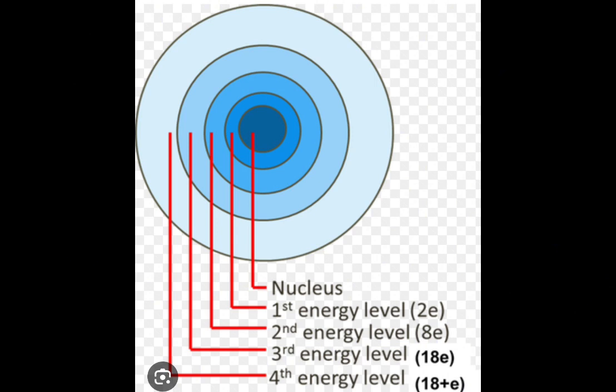These energy levels are often represented as circles around the nucleus. The outermost energy level, known as the valence shell, is where electrons are located. Therefore, the correct answer is outside, as electrons are found outside the nucleus.